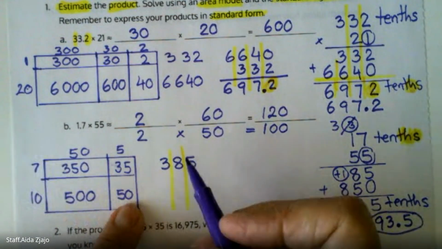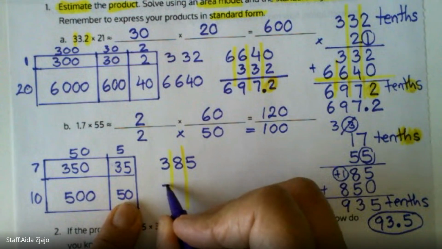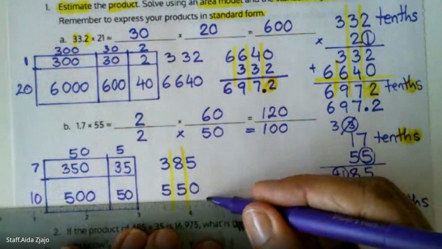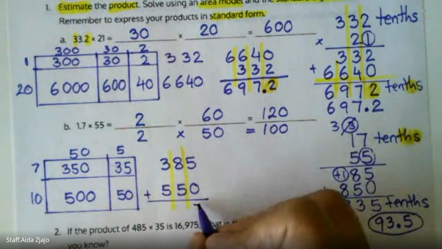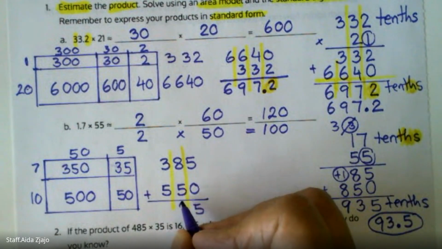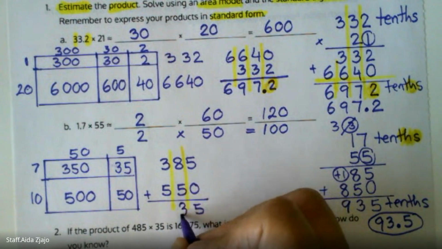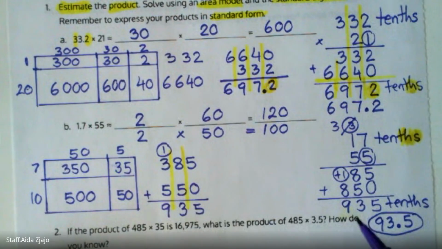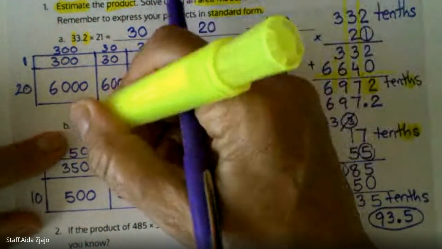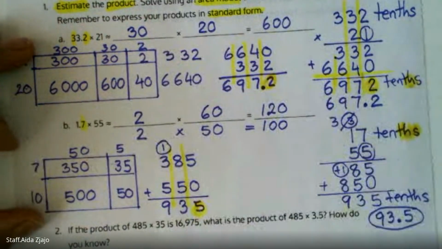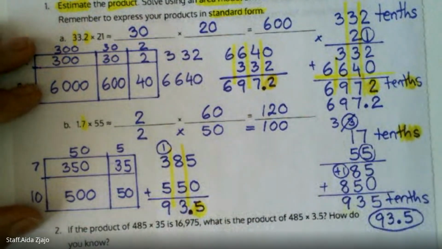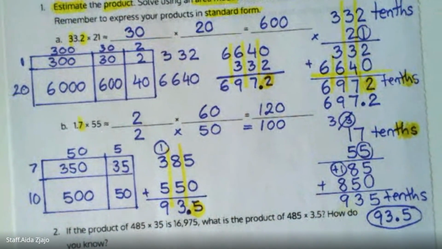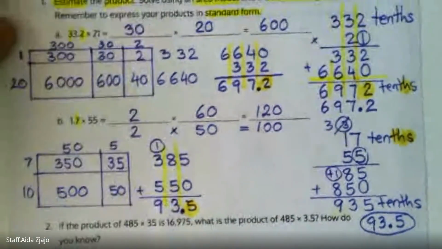Now I'm adding 550, I'm going to make it nice, and each place value is matching for each number. 5 plus 8 is 13. Remember 1, and that is 935. But because we had the tenths, in the answer it should also be tenths. So that's the final answer for this.